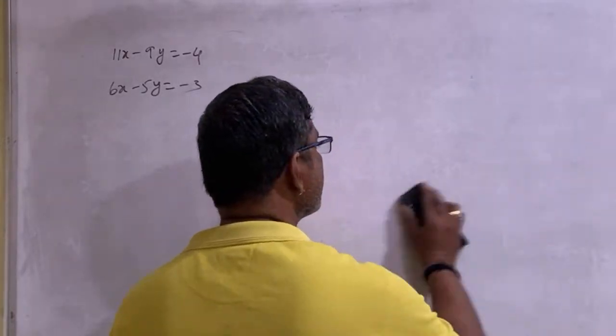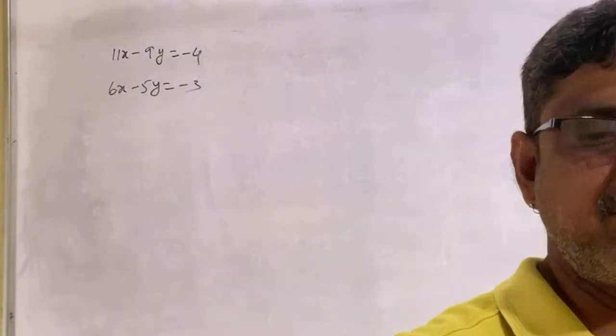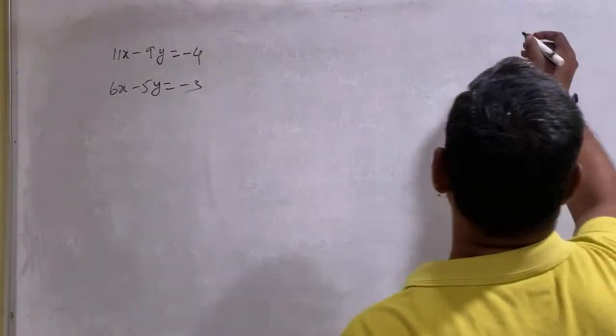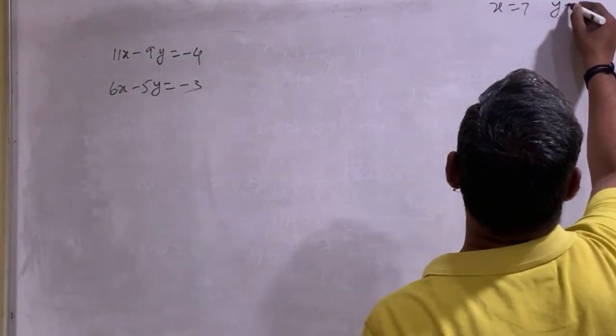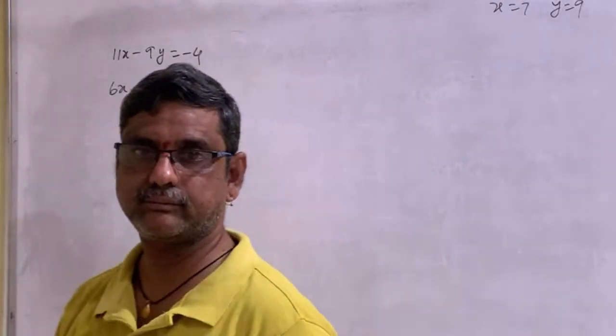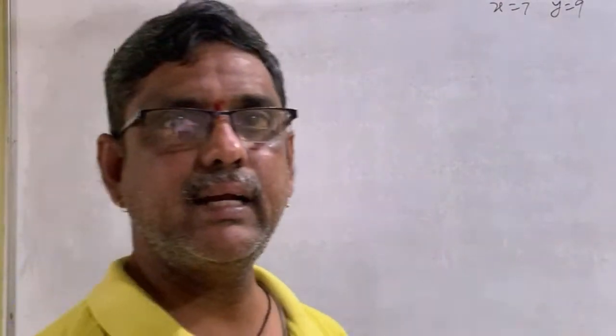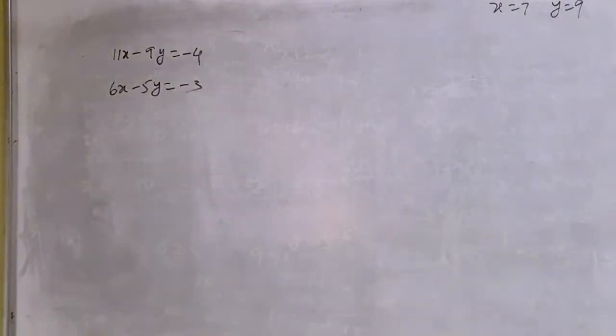So can anyone find the solution for these two equations? x is 7, y is 9. I'll write the answer over here. Is that answer correct? Okay.